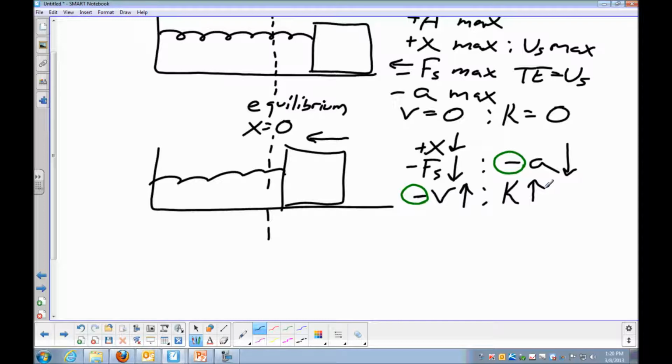Now, I do have a non-zero displacement, which means I do have potential energy, but it's decreasing because my displacement is decreasing. And so my total energy at these points consists of kinetic plus my elastic potential energy. My next position is when the box is at the equilibrium.